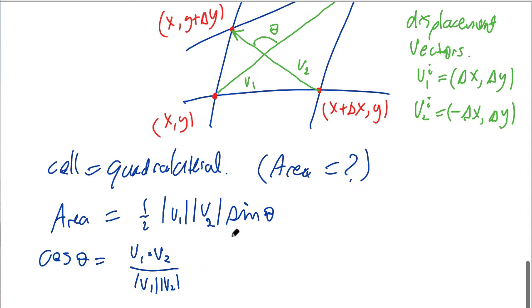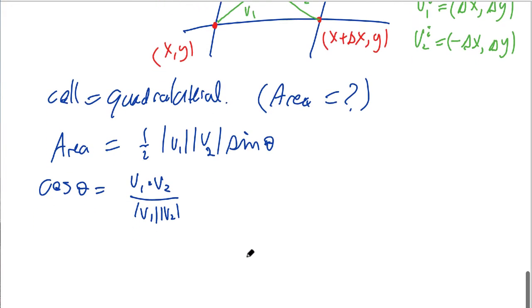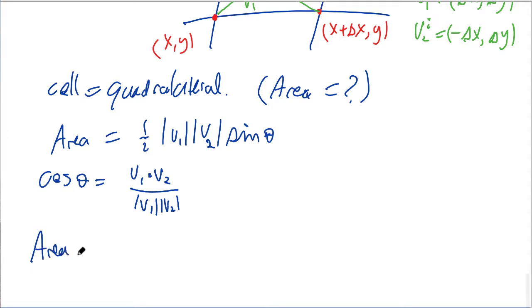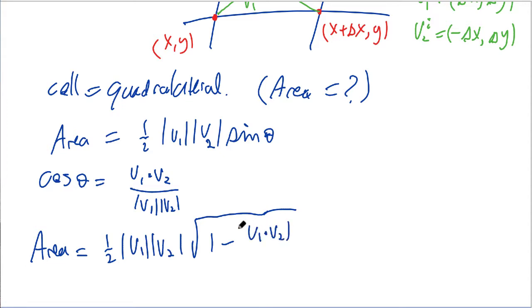Putting this together, we can find a fairly simple formula for the area. We have 1/2 magnitude of v1, magnitude of v2, times sine of theta, which is 1 minus cosine squared. So that's v1 dot v2 squared divided by the magnitude of v1 squared and the magnitude of v2 squared.